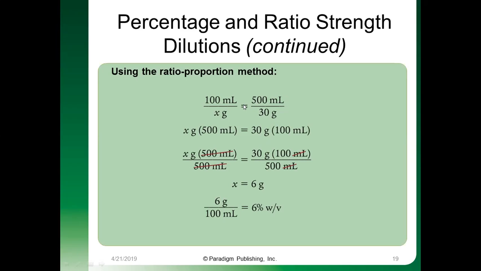Cross multiply, X times 500, 30 times 100. Divide both sides by 500. So 30 times 100 divided by 500 gives us 60 grams. So in reality, that's 60 grams per 100. So that will give us 6% of a weight and volume solution.